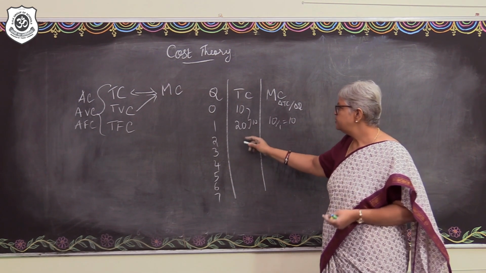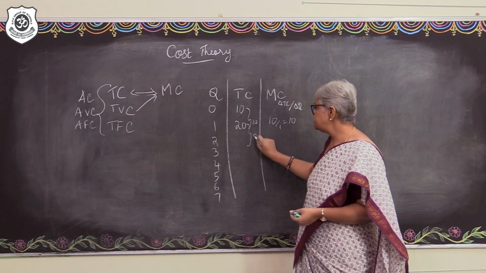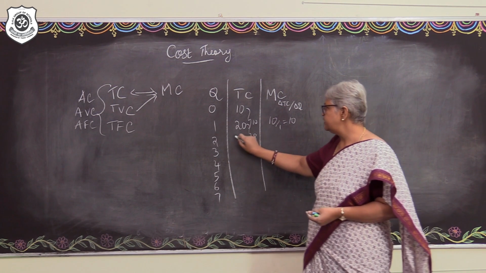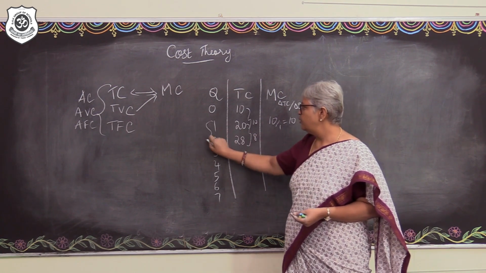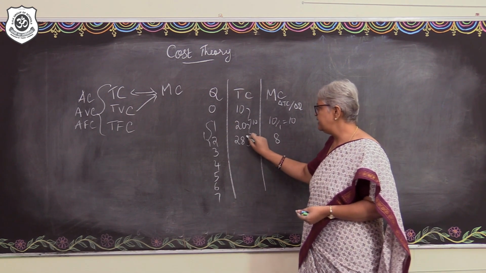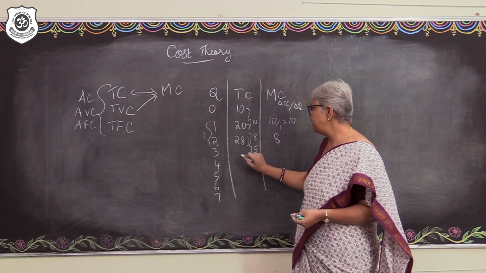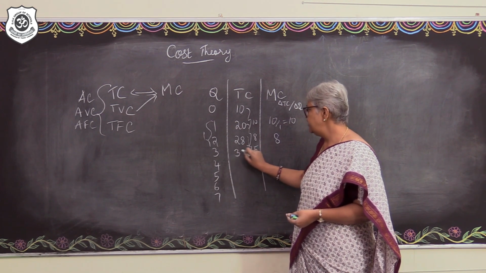Yes? Then, to reach on to the next level of output, let us say the total cost is going to increase by 8. So, that's going to be 28. Fine. So, 8 by 1. So, yeah, MC is going to be 8. And then the next level, let's say it's going to increase by 5. Right. So, that would be 33.